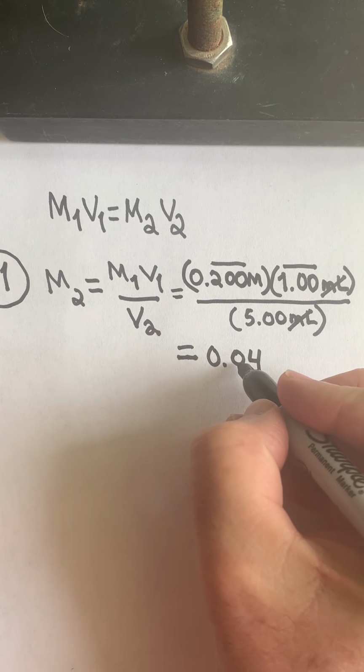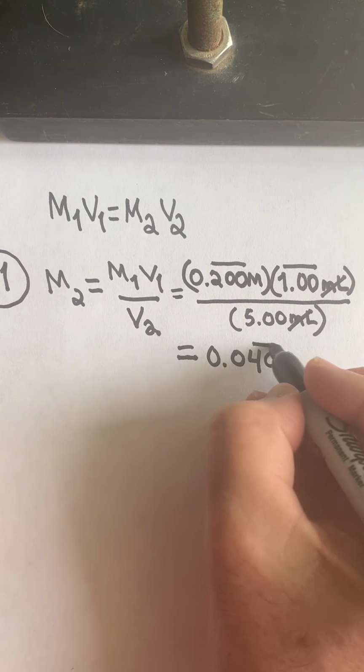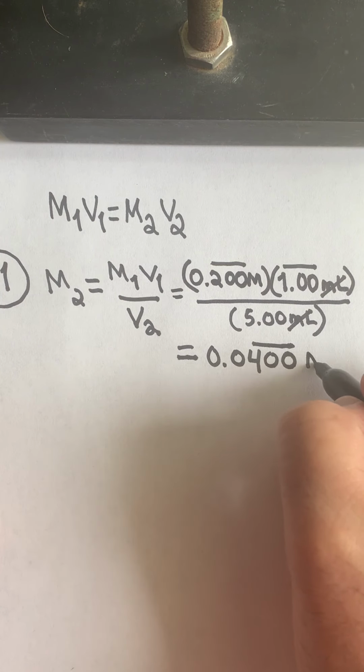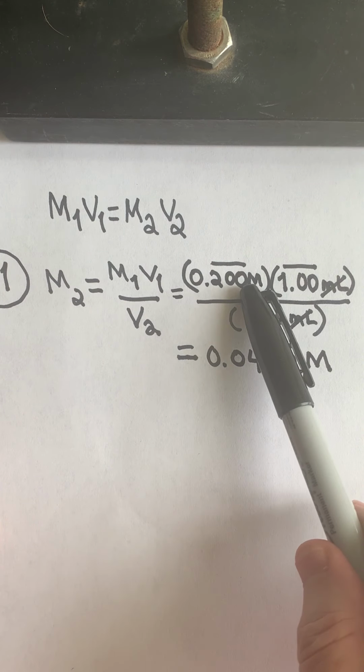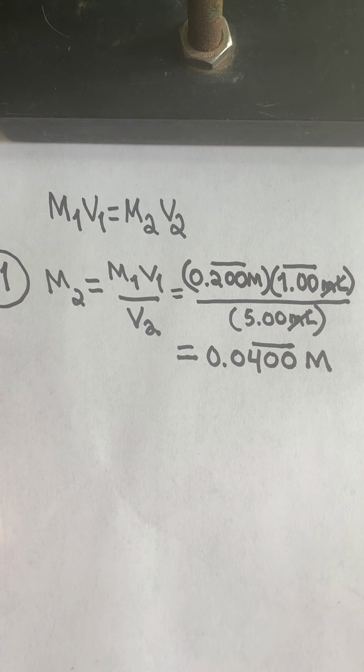The leading zeros are not significant, so technically we have to add 2 zeros here to make this have 3 sig figs. As I'll say in a few moments, because our molarities are only going to 3 decimal places, when you deal with this in your graph, it'll probably only go as far as the third decimal place.